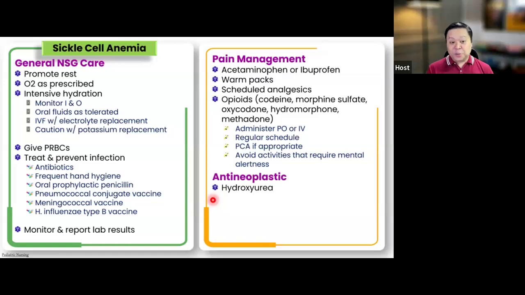So that is the main reason for the hydroxyurea. This is going to be given in a daily dosing for most patients, and you've got to be careful in handling, because this is going to be toxic as well.